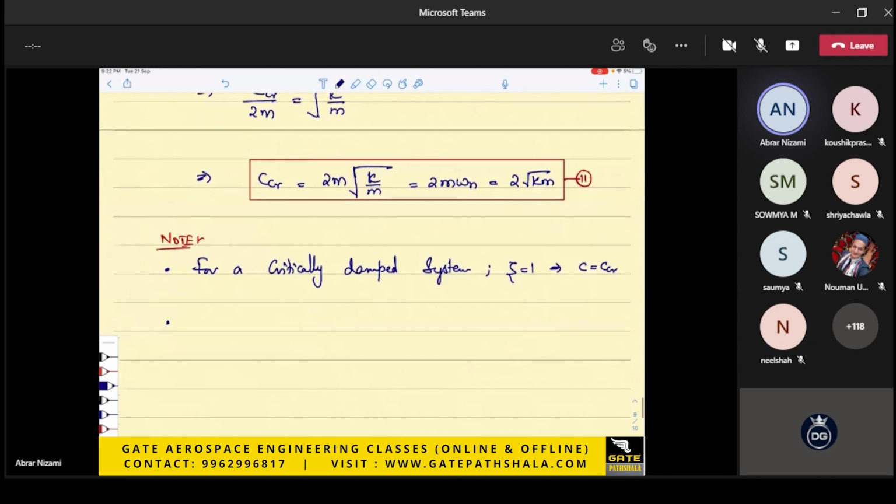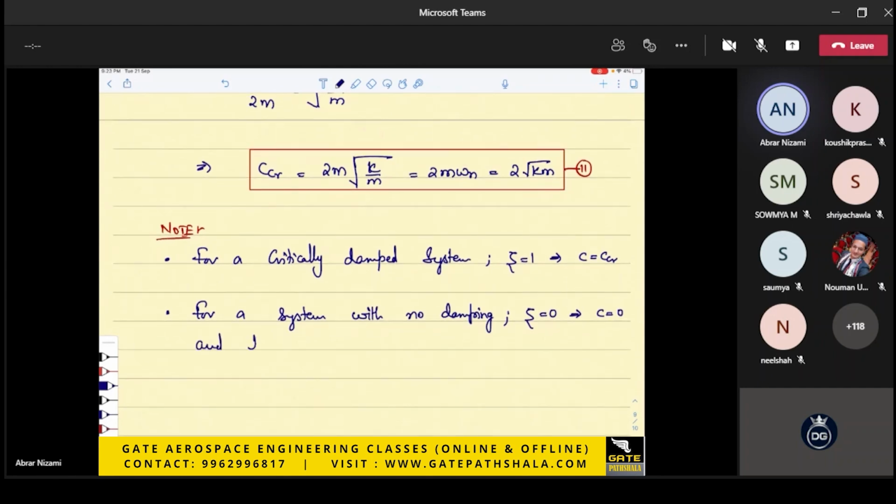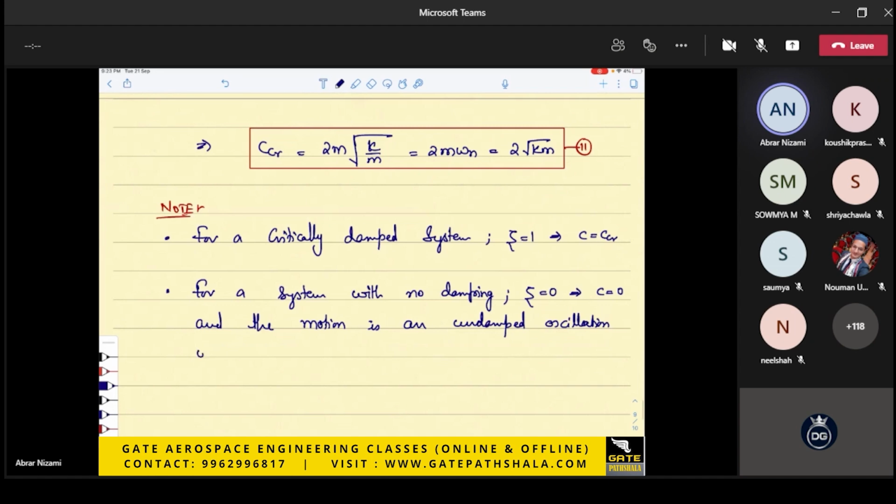Next, for a system with no damping, xi equals 0 implies C equals 0, and the motion is an undamped oscillation with frequency omega n equals the square root of k by m.